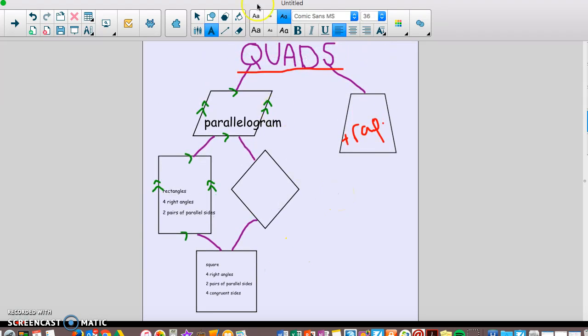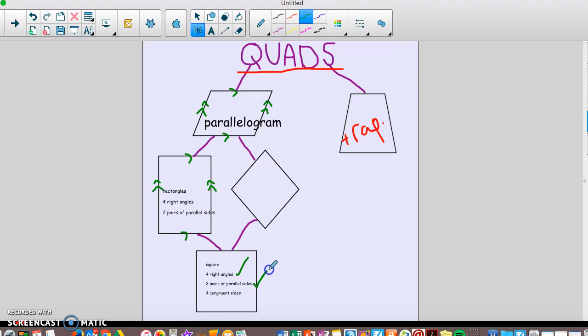But I just want to reiterate that a square also is a rectangle, because to be a rectangle you need four right angles, which the square has. You also need two pairs of parallel sides, which it has, which makes it a parallelogram. And it also has four congruent sides.